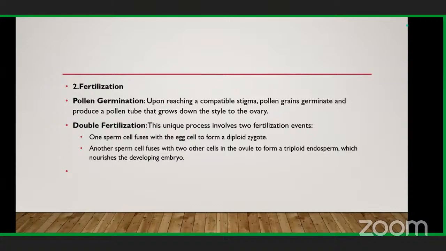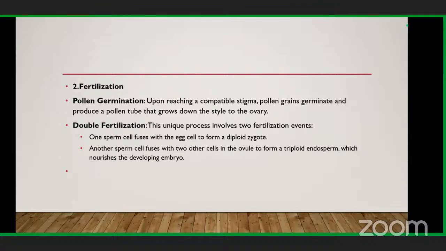In the pistil, in the stigma, there are some receptor enzymes. These receptor enzymes recognize which pollen is compatible with this flower, meaning which pollen is fit for this flower. So it will allow only that pollen to germinate in that flower. It's like a lock and key.